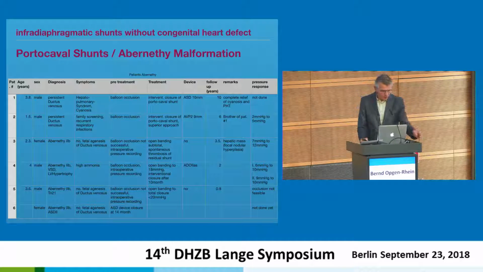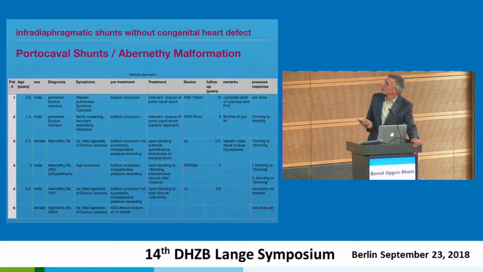These are Abernethy cases with portal hypoplasia, and we went to 3 operations on them, and 2 of them have been totally closed. The first one by thrombosis after the operation with no problems in the follow-up, and the last one because the pressure under banding stays below 20 millimeter of mercury, and he was closed totally.